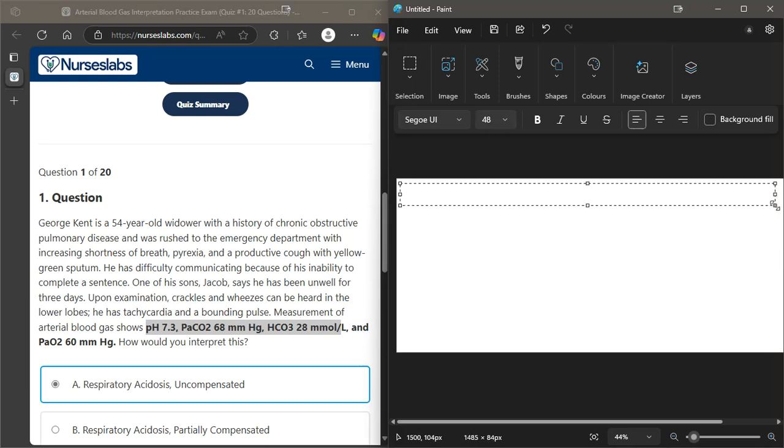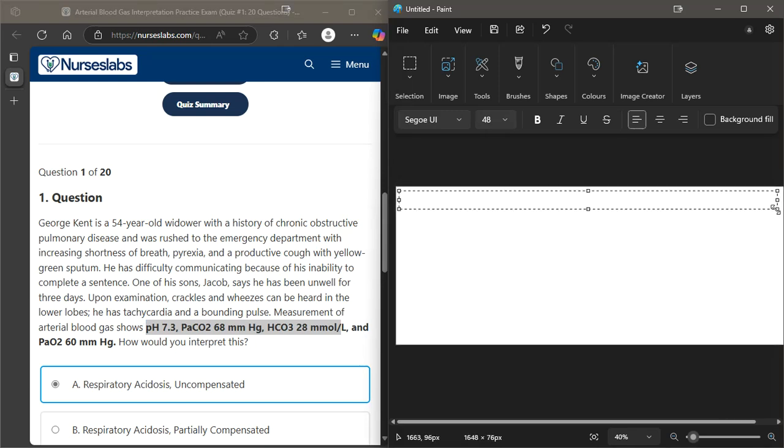So just to look again at those normal values, the normal range for pH is 7.35 to 7.45. So remember that anything greater than 7.45 will be alkaline, anything less than 7.35 will be acidic.